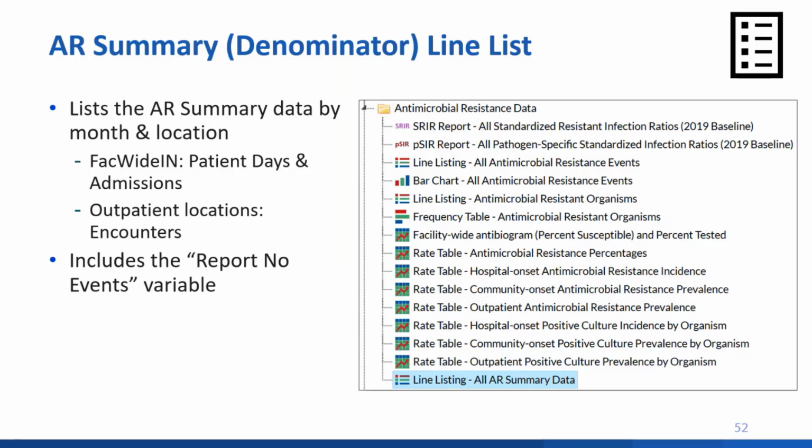This report also includes the report no events variable. You can confirm if your facility reported events for that month and location, or if your facility checked that report no events box, or if you did neither. This would be good to review for validation to ensure you accurately reported your AR data.